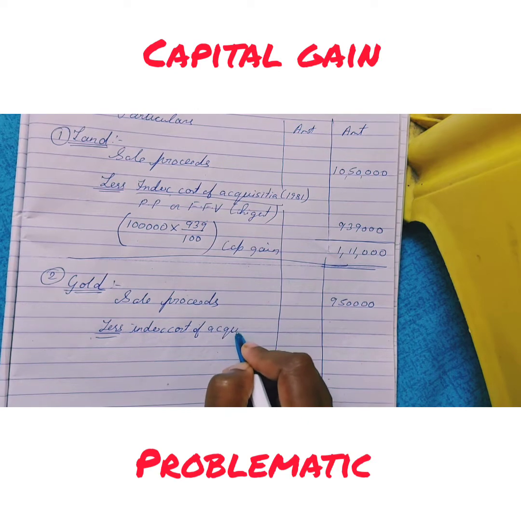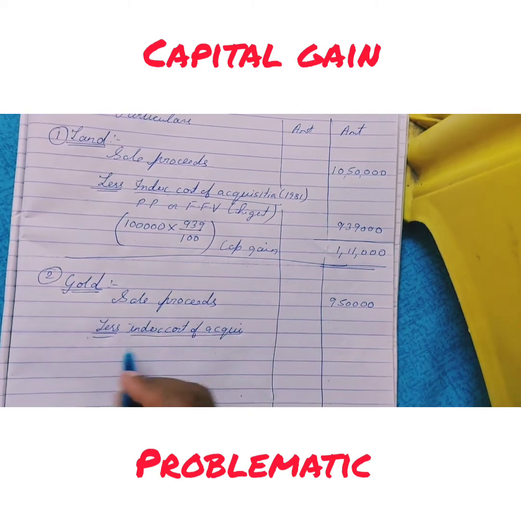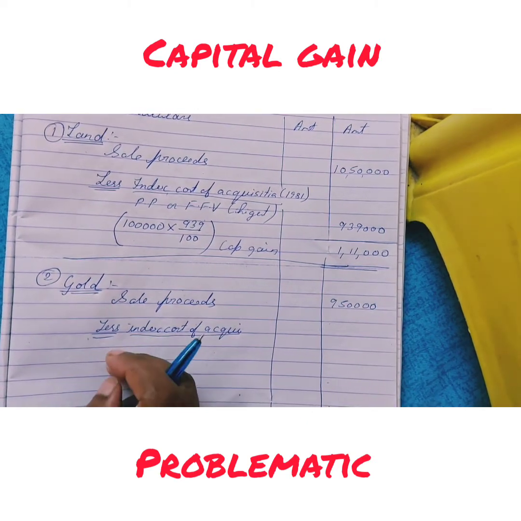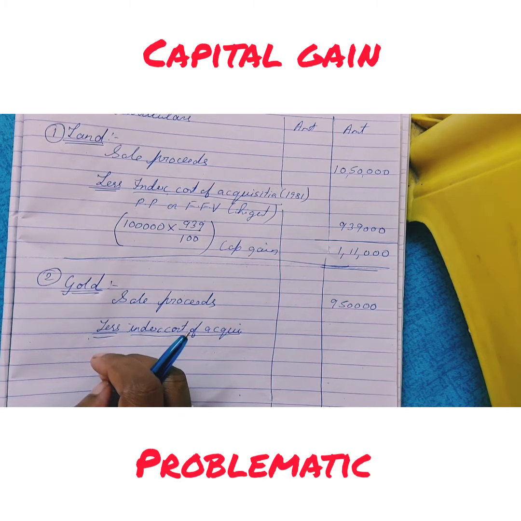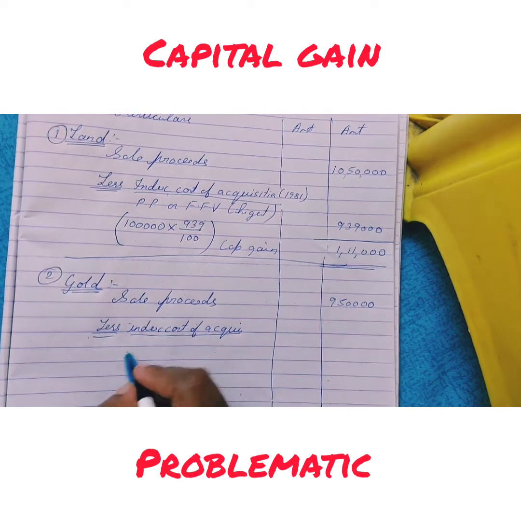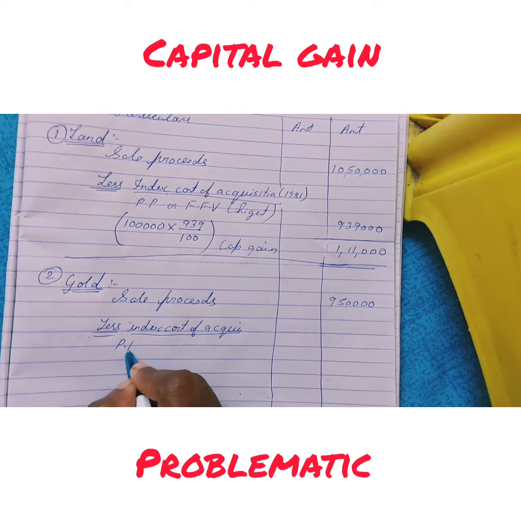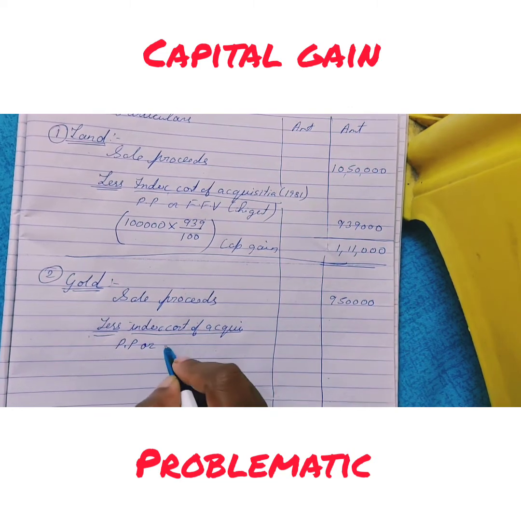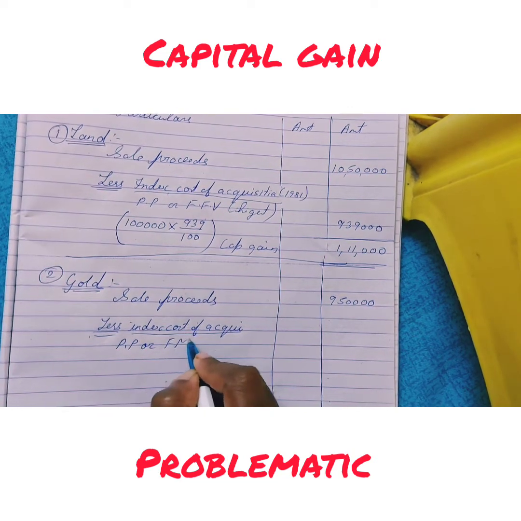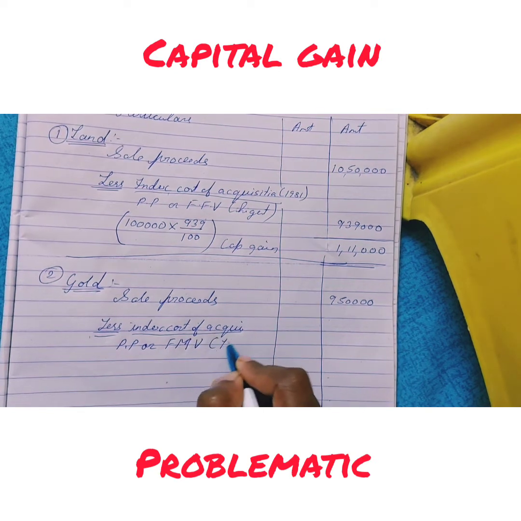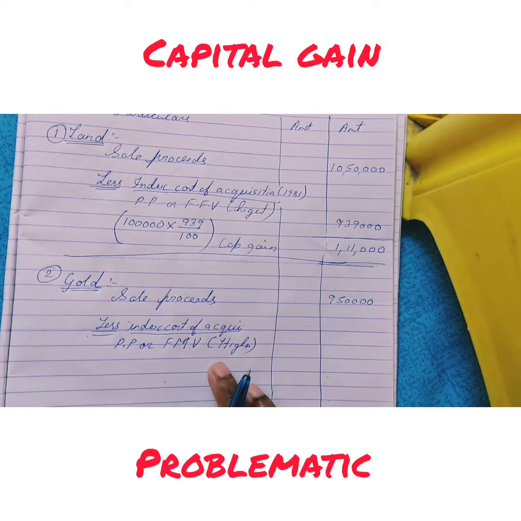acquisition. So for indexed cost of acquisition, again we have to compare. Even for gold the fair market value is given, so compare the cost first, purchase price or fair market value, whichever is higher. Again in gold also the fair market value is highest.